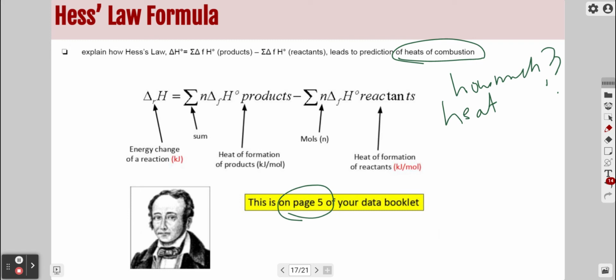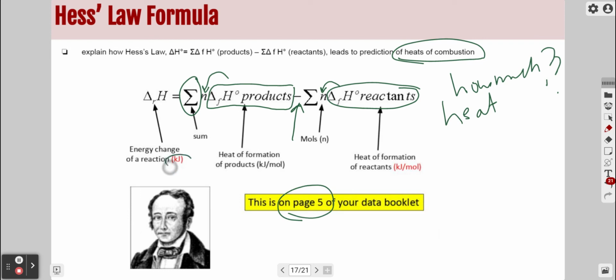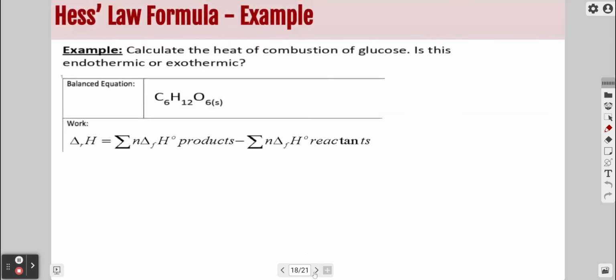So remember, with this formula, you probably have lots of experience with this. You're going to take the heats of formation for each of the products, multiply each one by the number of moles in the balanced formula, and then you're adding up all those product heats of formation. And then you're going to subtract all the heats of formation for the reactants, making sure that you multiply each reactant by the number of moles. All of this is going to end up being in kilojoules in the end.